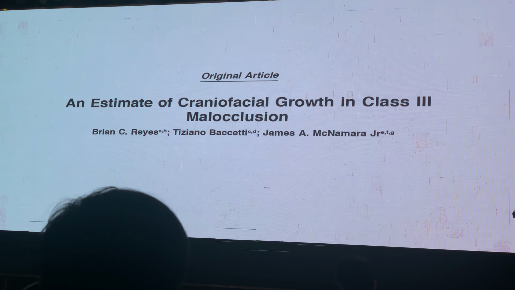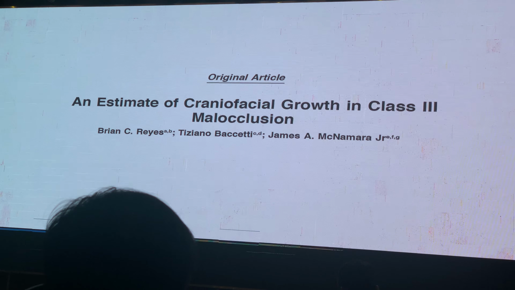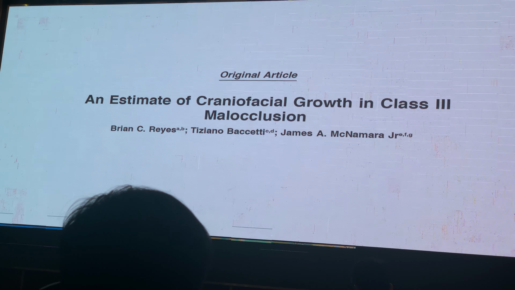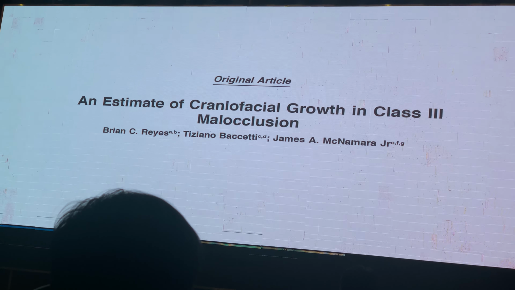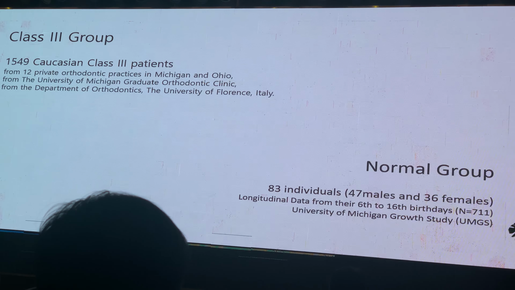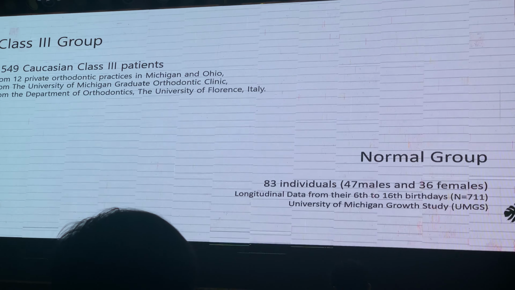This is one of the best studies on untreated class 3 malocclusion which I can find in the available articles. It comes from Florence and Michigan. They have a control group with normal.